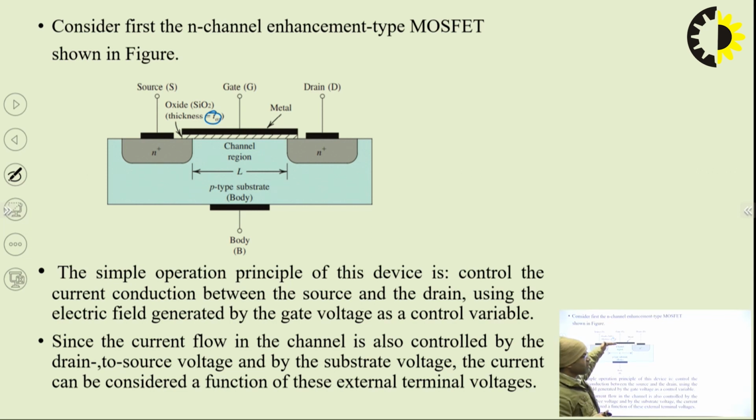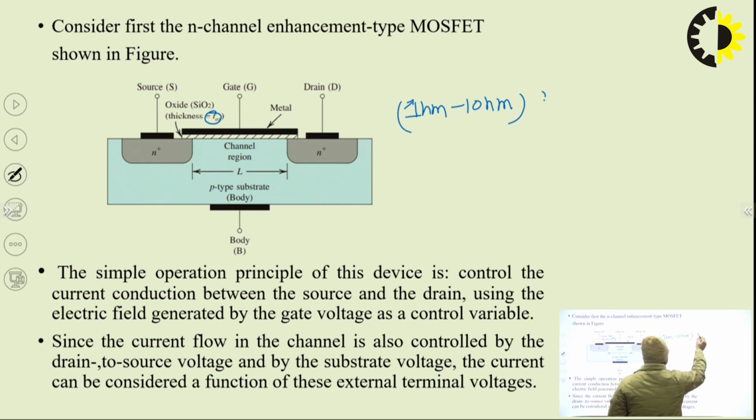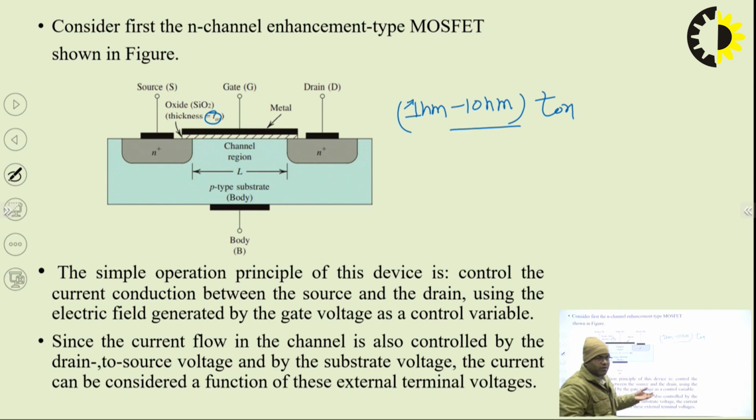Basically this silicon dioxide layer is very thin, of the order of nanometers, from 1 nanometer to 10 nanometer. So this is the thickness of this silicon dioxide layer. Since it's very thin, sometimes it is also called thin oxide layer, thin ox.